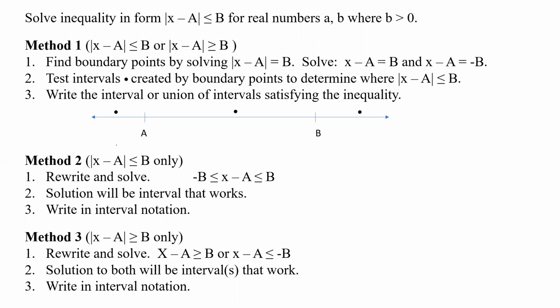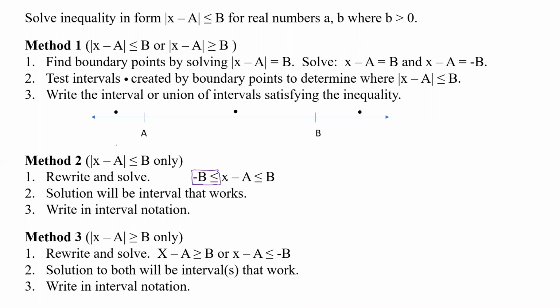Now method 2 only works with less than or equal to. And so what we're going to do is rewrite this expression and solve. We're going to rewrite this as x minus a in the middle, less than or equal to b here. But then we're going to say that's greater than or equal to negative b here. So we're putting it on this left side here. This is going to be the part that we're adding to solve the less than or equal to.